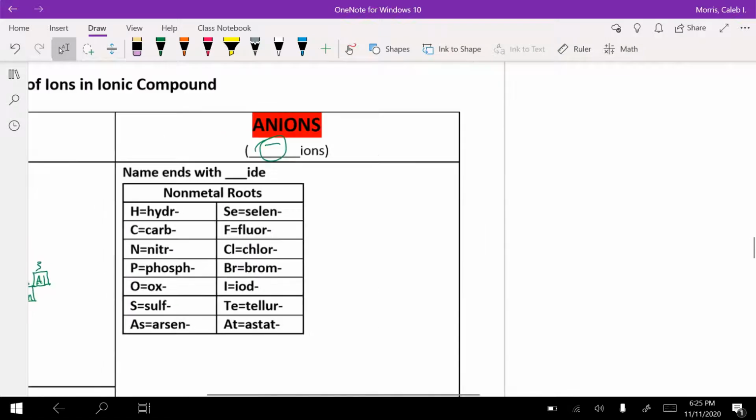Well, our negative ions, the way we name them is by using the root name. Like for hydrogen, it would be hydr. And then we put "ide" at the end. If it's a negative ion, it ends in "ide." If it's a negative monatomic ion, so just one element.